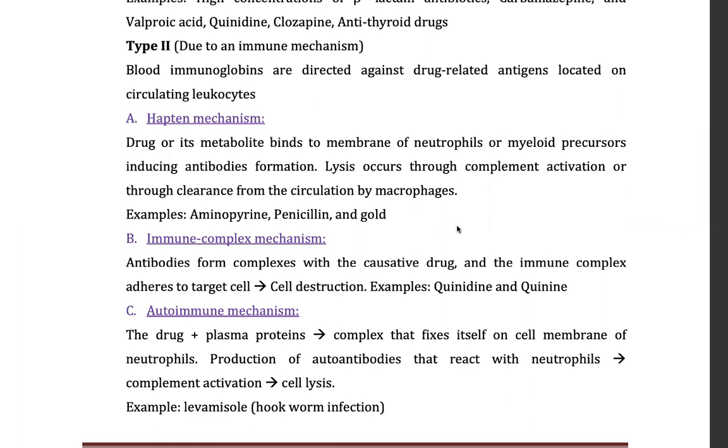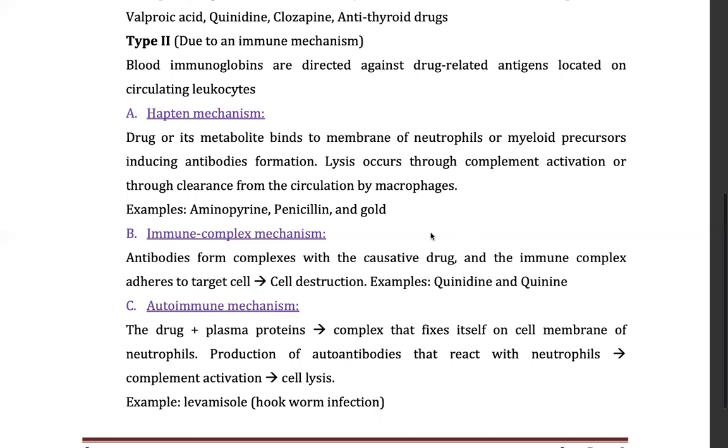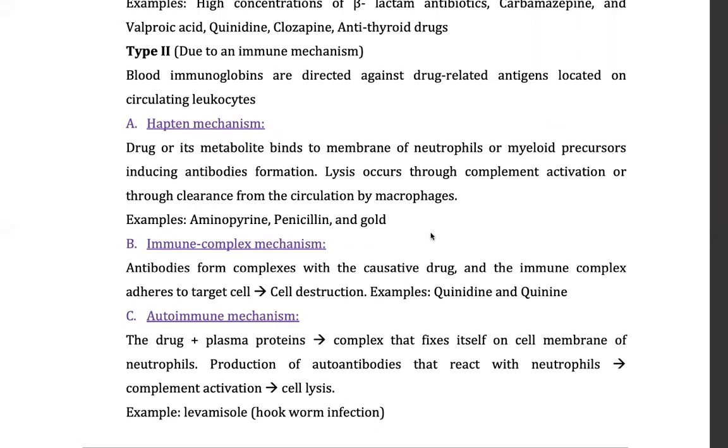And the lysis occurs through complement activation or through clearance from the circulation by macrophages. And examples are aminopyrine, penicillin, and some gold salts which are used in treatment of arthritis.